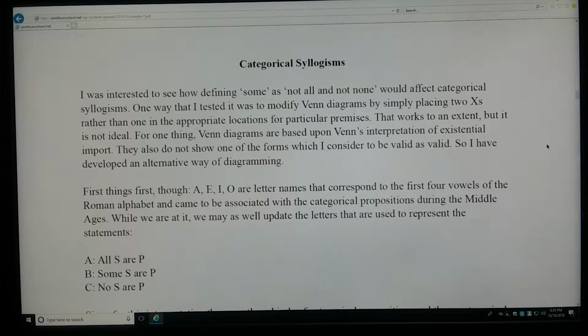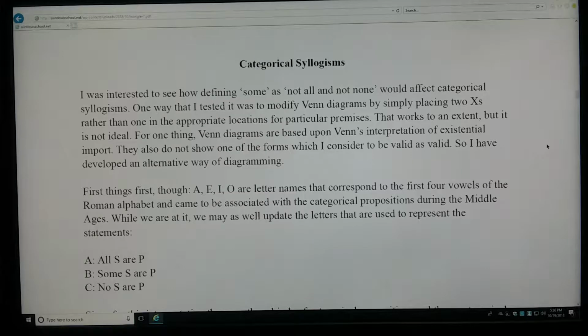Traditionally, there were 4 categorical propositions, but I believe you should actually have 3, because the 2 particular statements would have the exact same truth value, so we could just combine them into one claim.